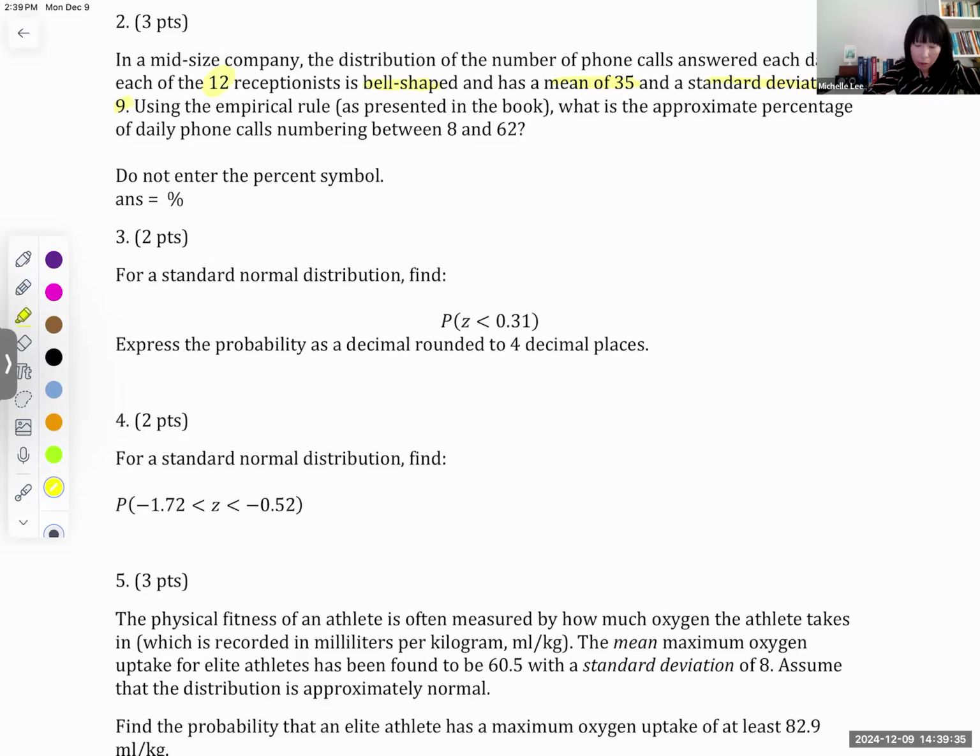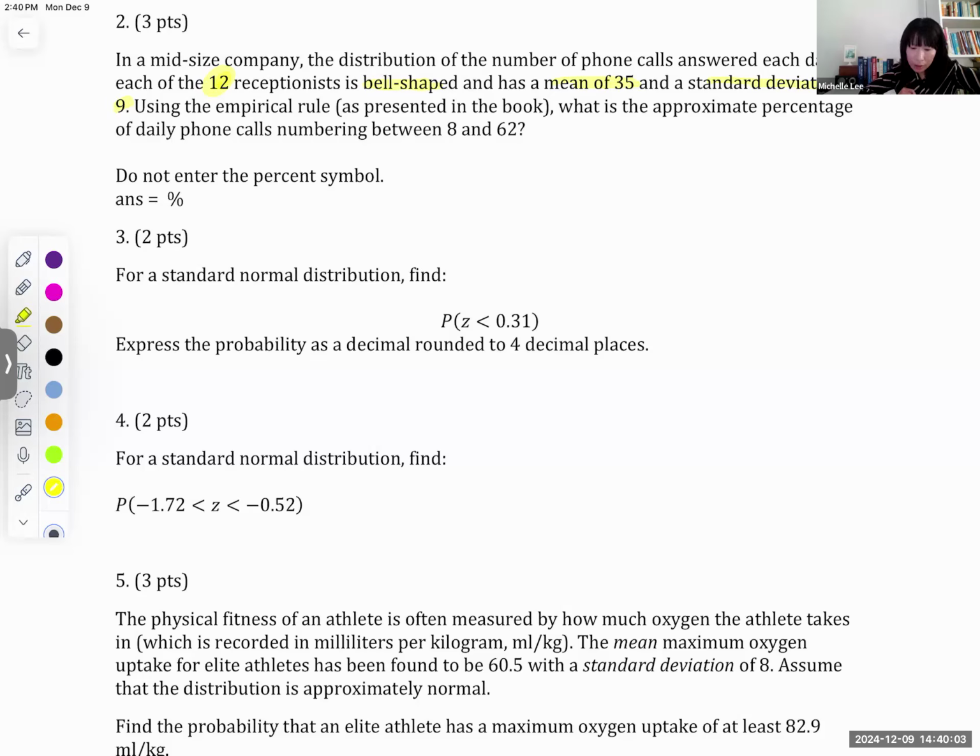What's the 12 in this case? By each of the 12 receptionists. What does the 12 mean? Sounds like a sample size, right?